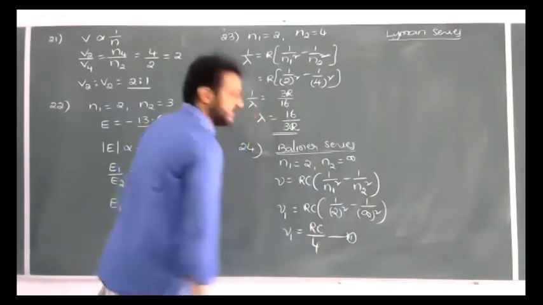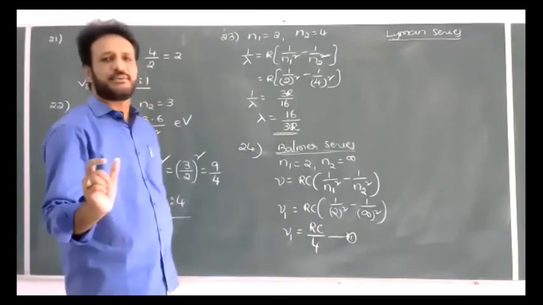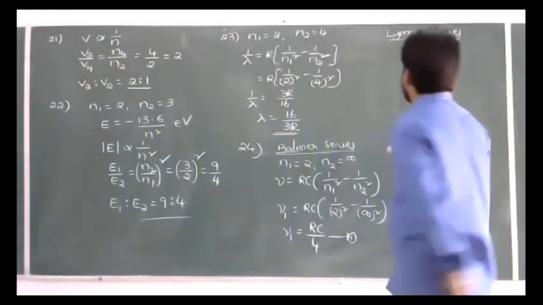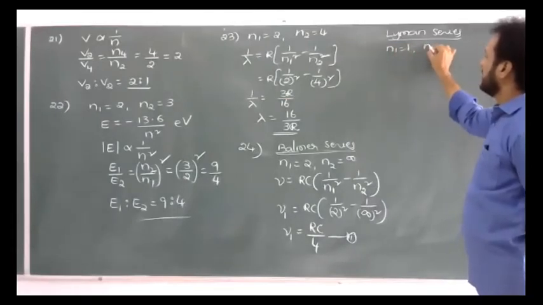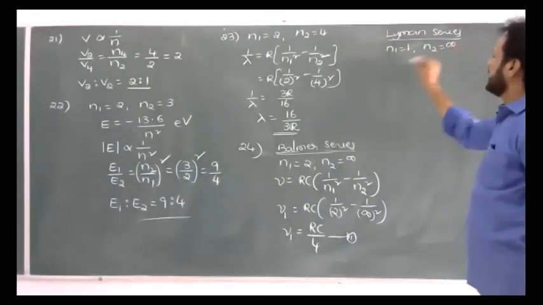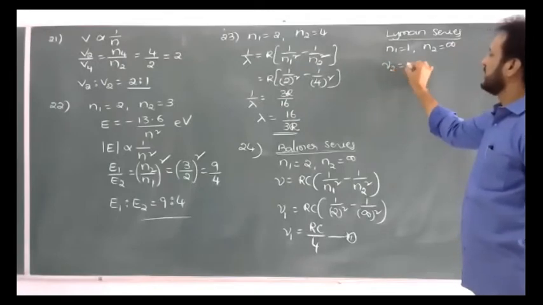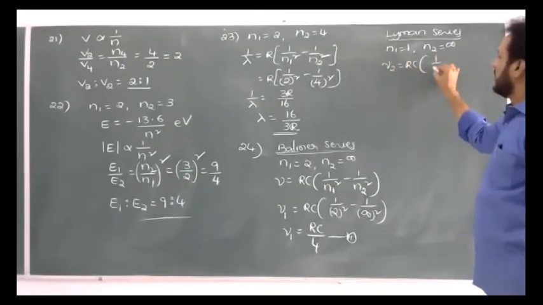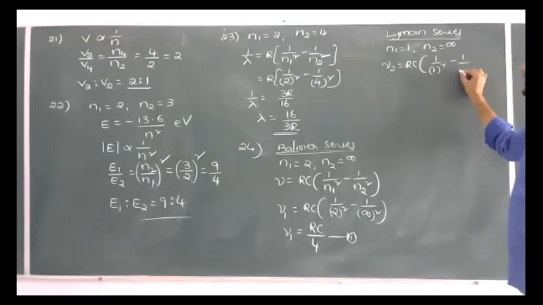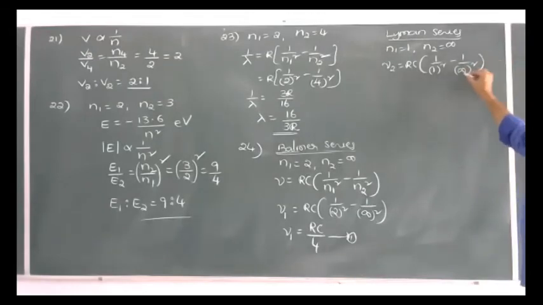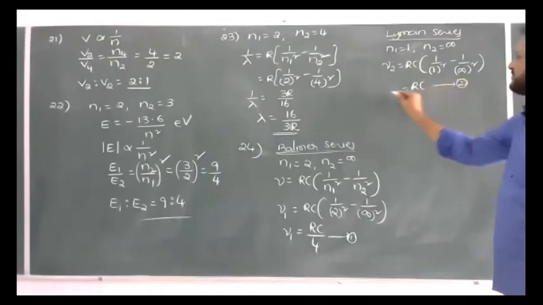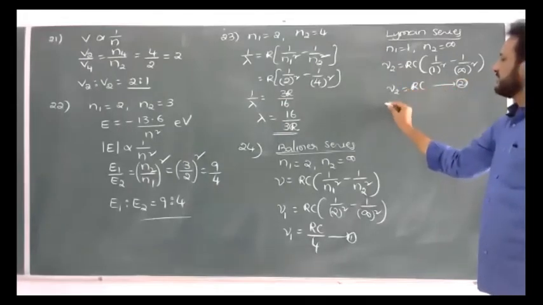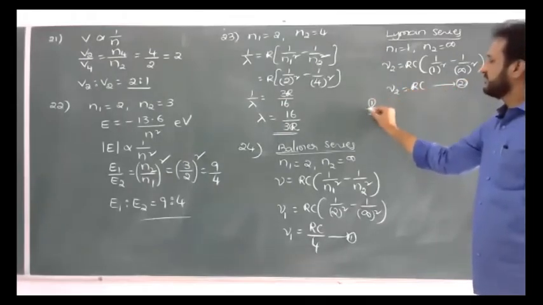Same way for the shortest wavelength of the Lyman series we should take n1 equal to 1 and n2 equal to infinity. The frequency nu 2 is equal to RC into 1 by 1 square minus 1 by infinity square, that is equal to only RC. We get the second equation. Now divide the first equation by the second equation.